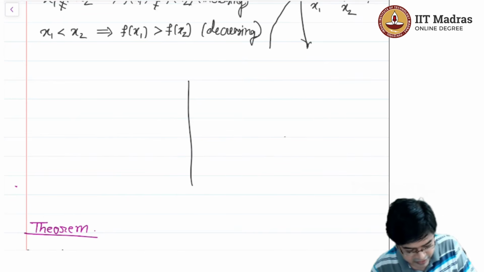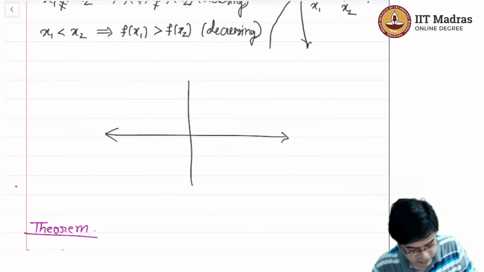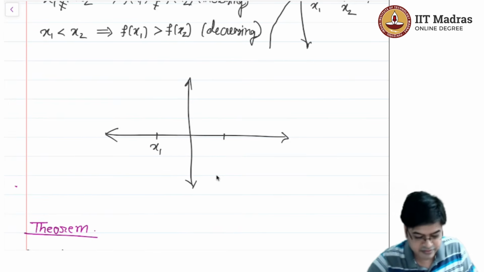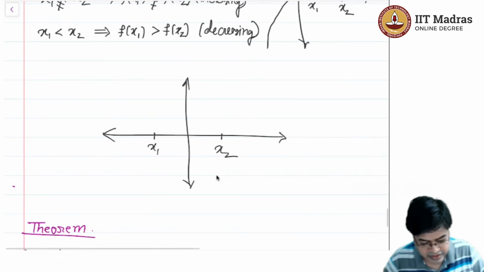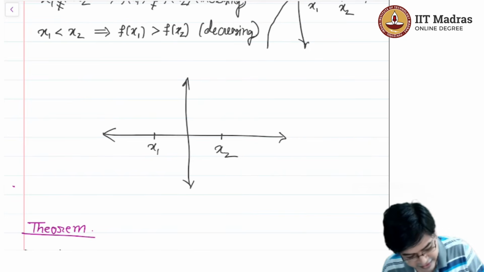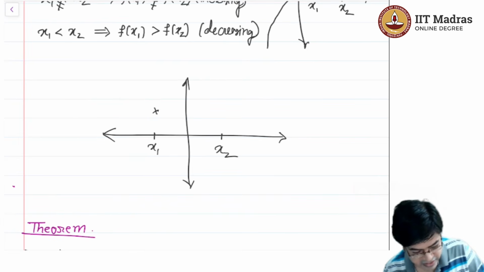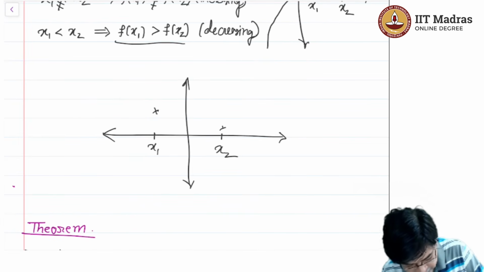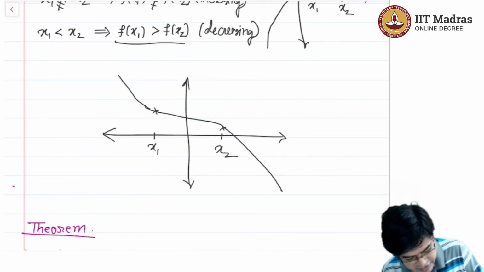Let us see one decreasing function as well. What happens when the function is decreasing? As I go from left to right, let us say x1 is here, x2 is here. According to the condition, f of x1 should be greater than f of x2, so it will be somewhere here, and I can have a curve passing through these points in this manner.